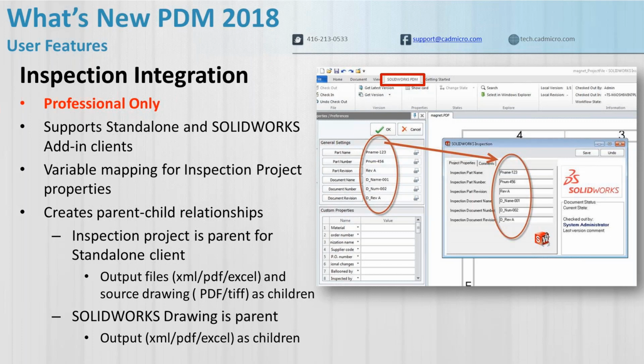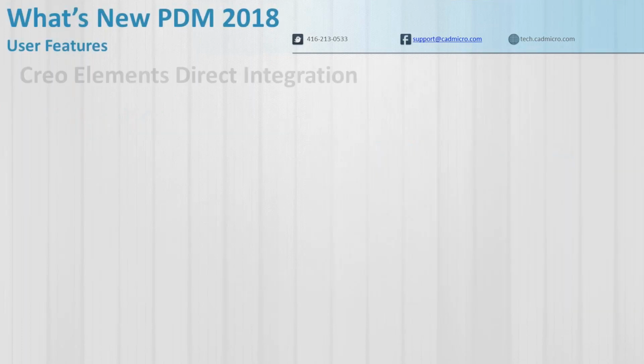So the file can be opened, checked out, checked in and maintained. Also the big thing here is with respect to the metadata. You can take the metadata from the inspection project and link it to your data cards in PDM, just like you would SOLIDWORKS files. So again, a useful function, one-stop information if you are using SOLIDWORKS Inspection.